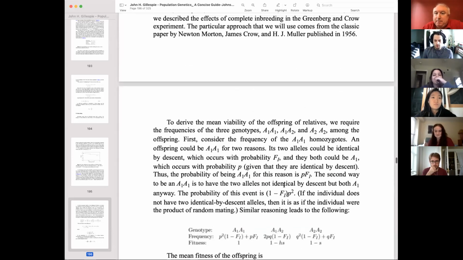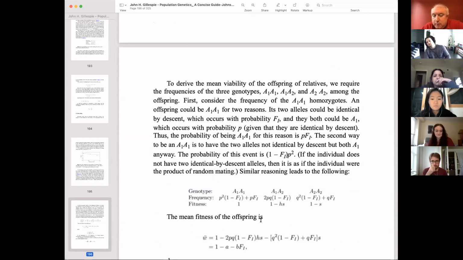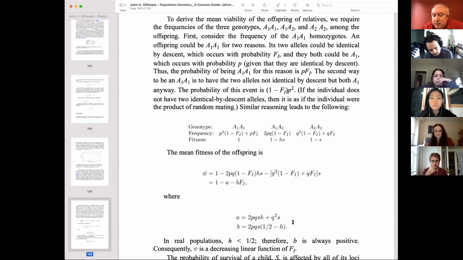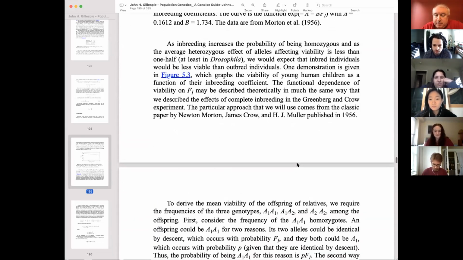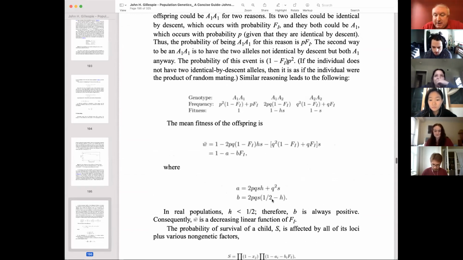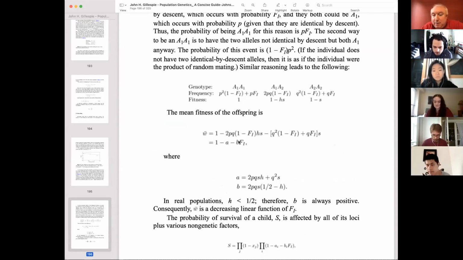So this slope, B, looks like the contribution of this term summed over all the loci, which is why we had you find it for values of h. The reason this is a function of F is because inbred individuals differ in fitness from outbred by a factor of minus B times F. 1 minus A is something like the fitness of outbreds. This is something like the fitness of inbreds, 1 minus B.